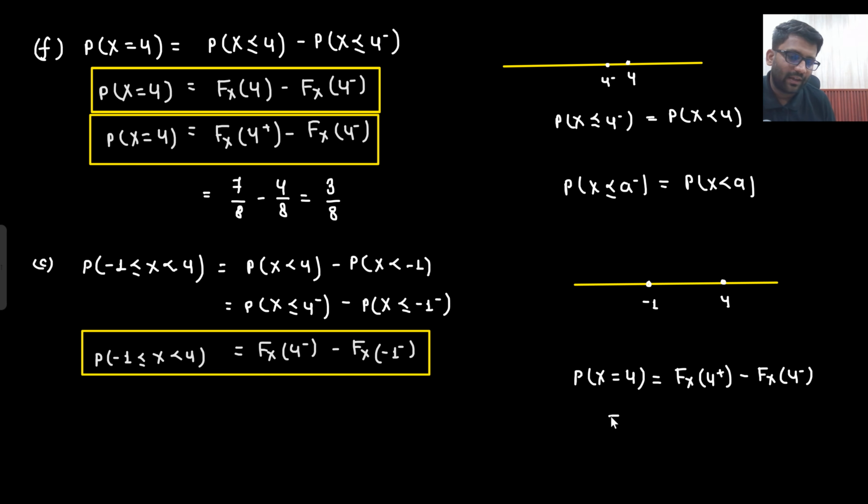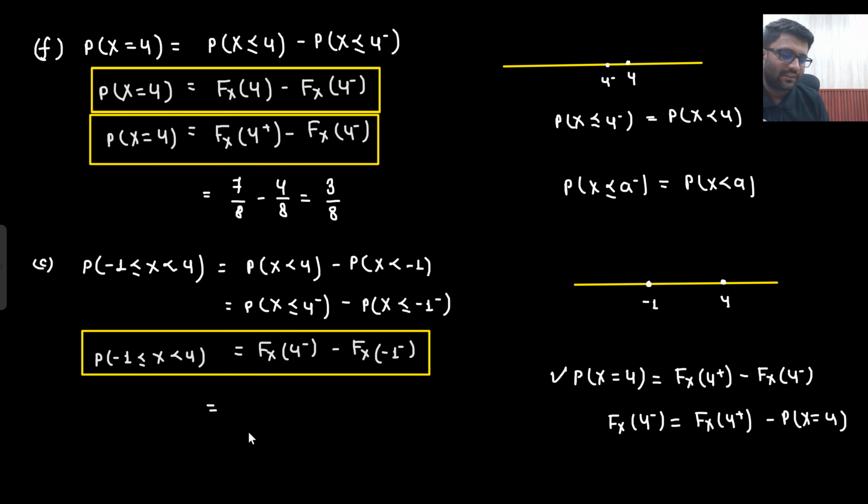So from here fx of 4 minus can be written as fx of 4 plus minus probability of x equal to 4. So yes or no? You know this particular thing already.